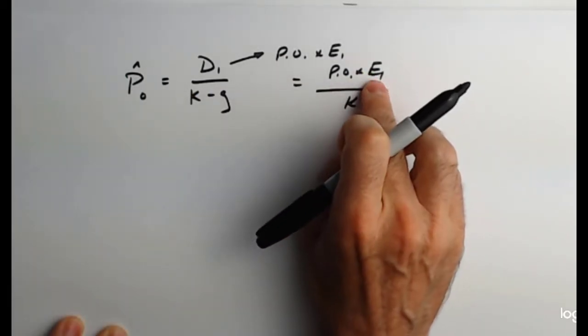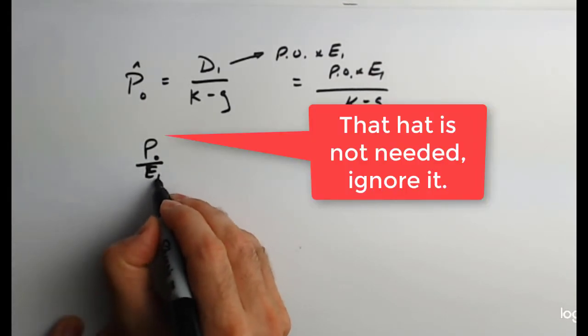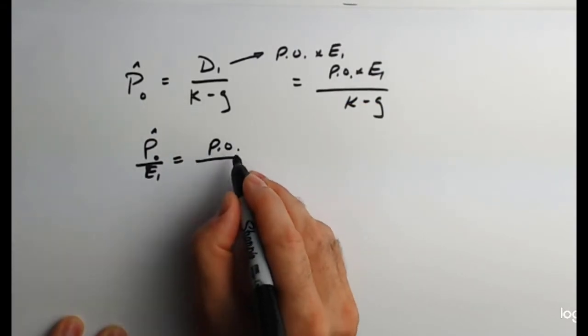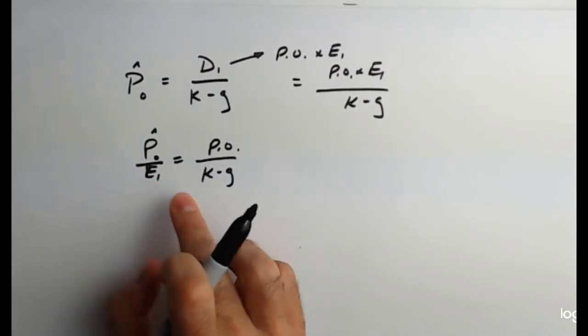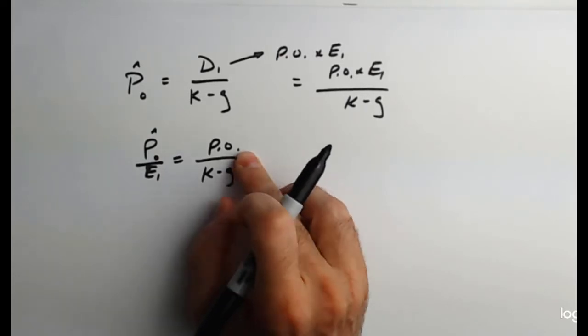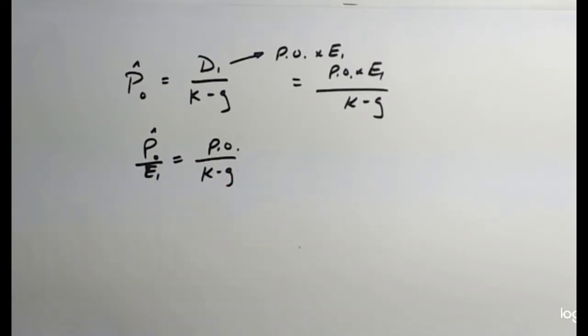If you divide both sides by E1, we get the PE ratio, a leading PE ratio equals the payout ratio, which is a fundamental variable set by the board of directors that determines dividends, divided by K minus G, the discount rate and growth. And so there, very, very simple link that says, look, the PE ratio is more than just dividing two numbers out. It actually has fundamental justification.